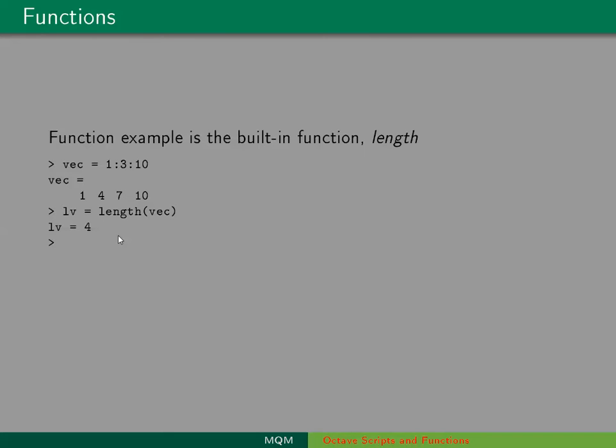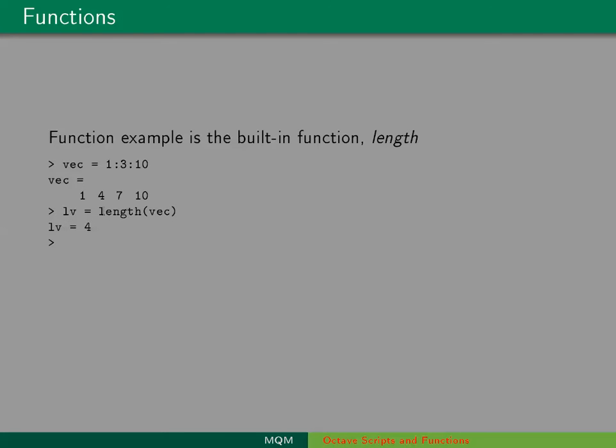Length returns the length of a vector. So in the command window we create a variable vec, and it's an array of elements from 1 to 10, and they iterate by 3 each time, so 1, 4, 7, and 10. And then we assign the length of that vector to the variable lv.